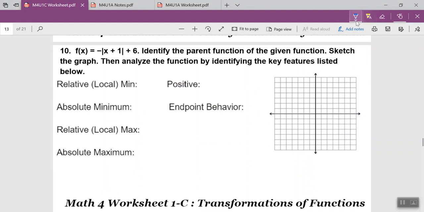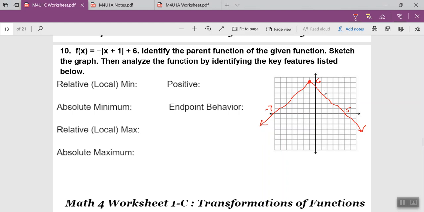Now, to sketch this again. 1, 2, 3, 4, 5, 6. That's negative 7, that's 5, that's 6.